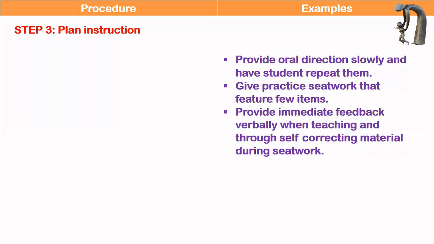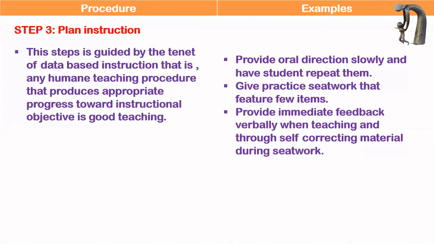Now, with the help of this example, what role do these steps play? See, this step is guided by data-based instruction. Okay, planned instruction means it should be based on the data.